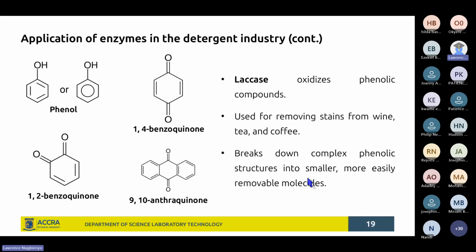So yes, laccase is also an enzyme which is used in the detergent industry.